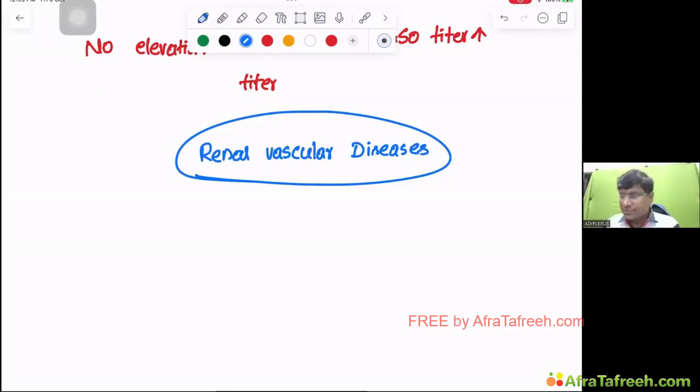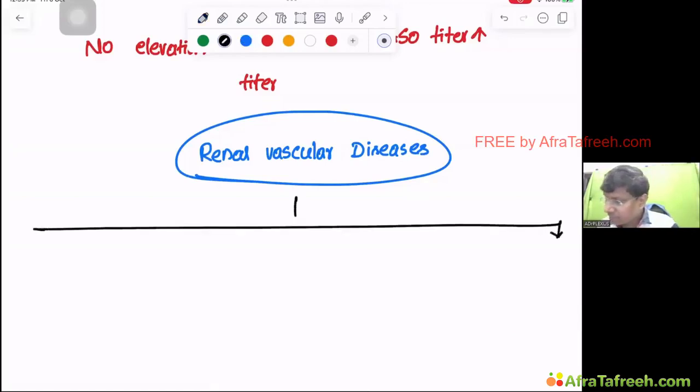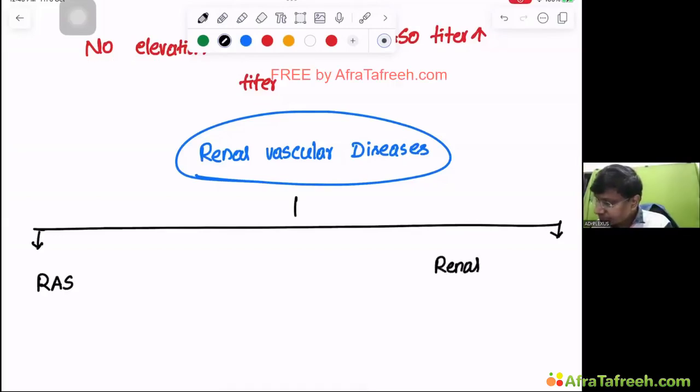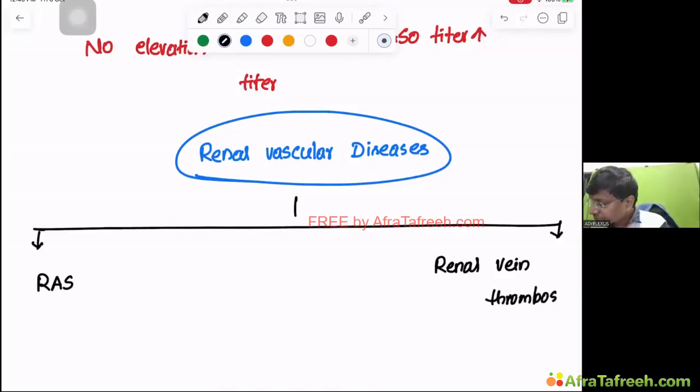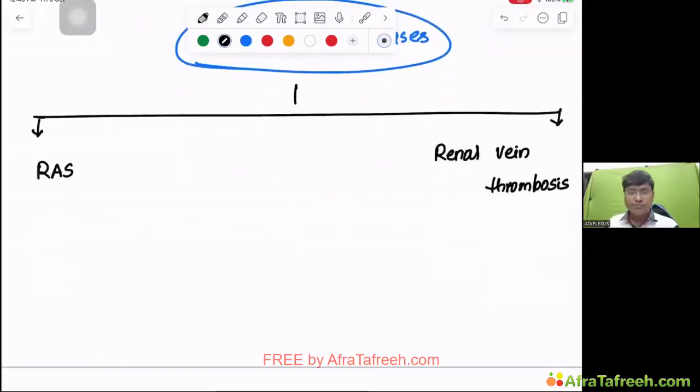Coming to the renal vascular diseases first. So there are 2 important renal vascular diseases. That is renal artery stenosis, then we have renal vein thrombosis.